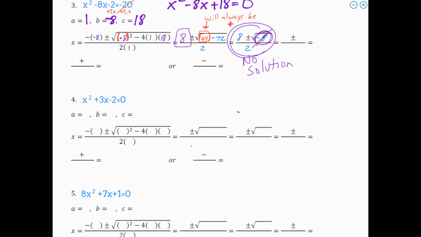So you can get those started. We're going to do those together. And we've got 3 more examples to do together. They won't take very long, and then I'll give you your assignment. Your assignment will be on Go Formative.